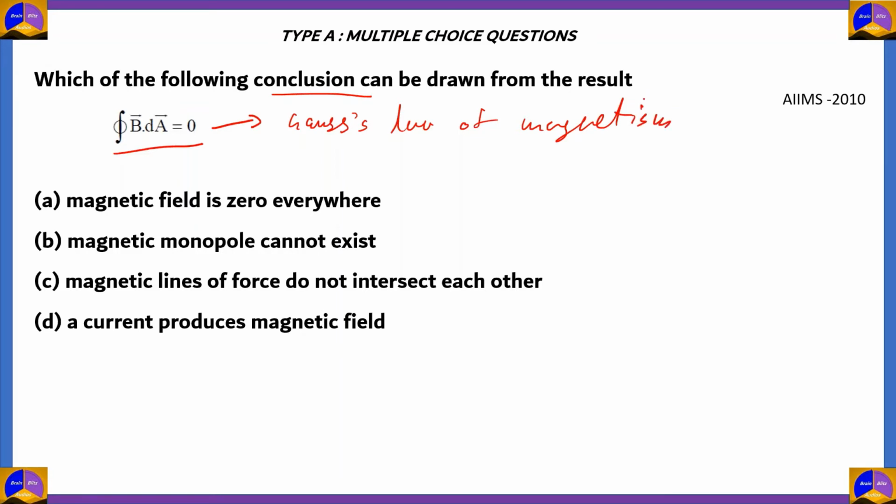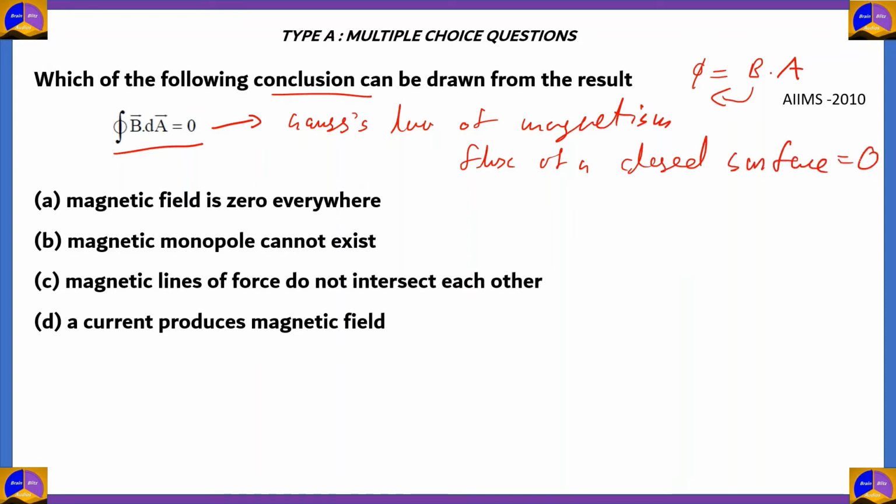And we also know that B dot A, the magnetic field multiplied by the area of cross-section, represents the magnetic flux passing through. So therefore, the magnetic flux of a closed surface is equal to 0.